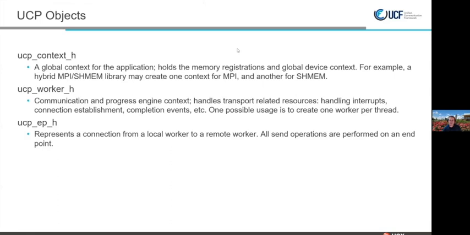Then we have workers, which are basically how you make progress in terms of sending and receiving data. A lot of times a worker might be matched to a thread, or in the case of MPI, to an MPI process. We'll talk a little bit more about that. And then an endpoint represents a connection between one of these local and remote communication threads. So you have to have an endpoint to send data within UCX.